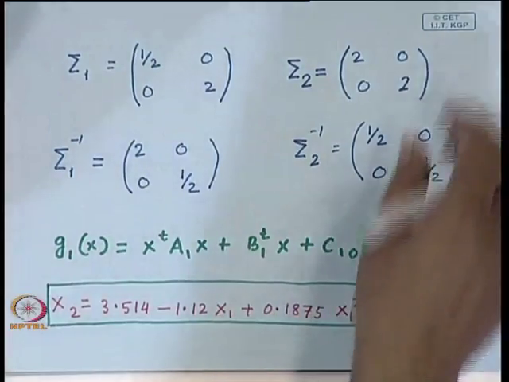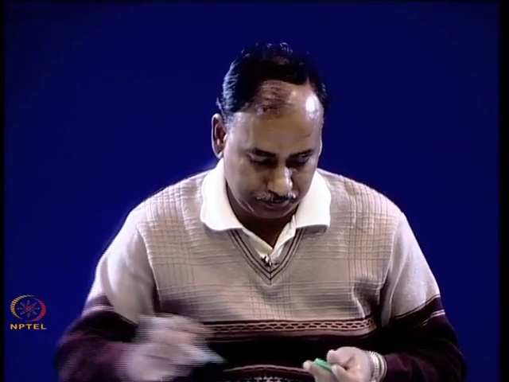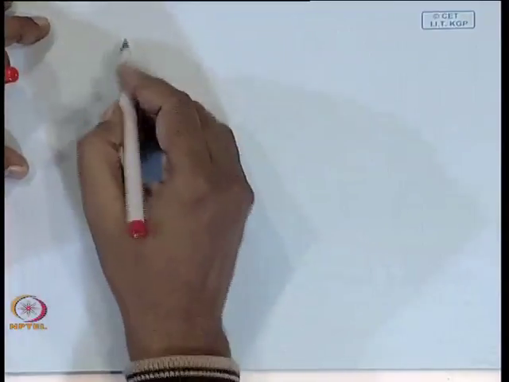Now, if I want to find out how this quadratic curve looks, I will simply plot these points on paper and find out how these surfaces look.